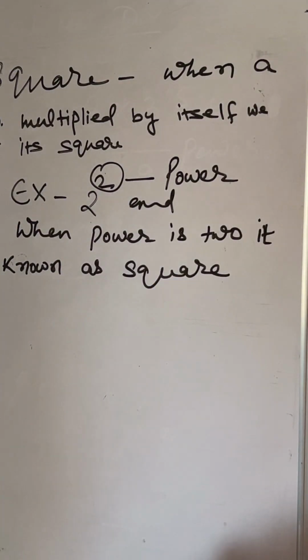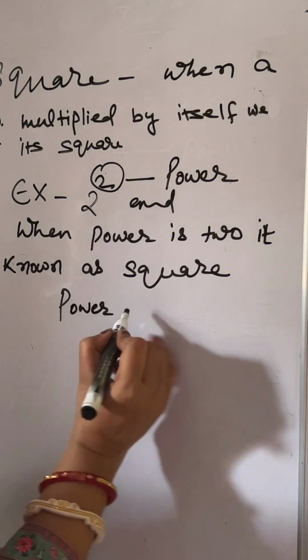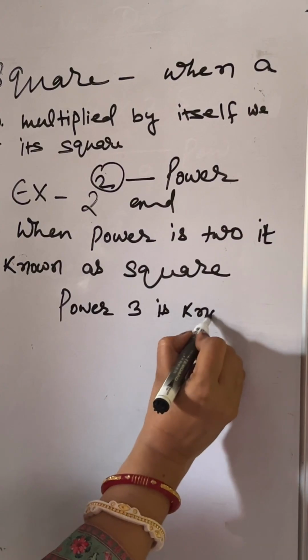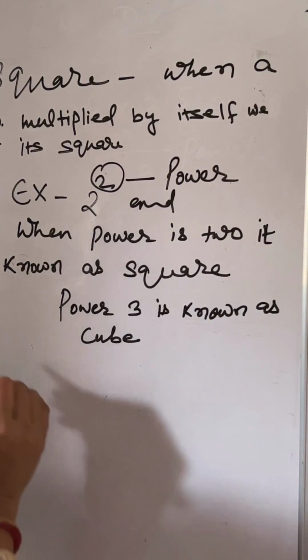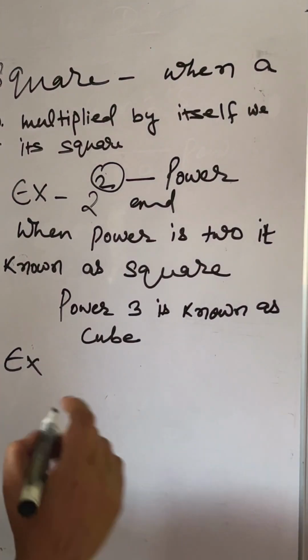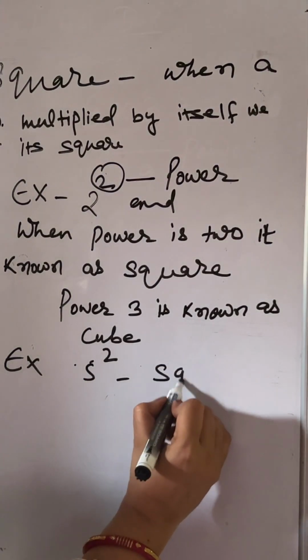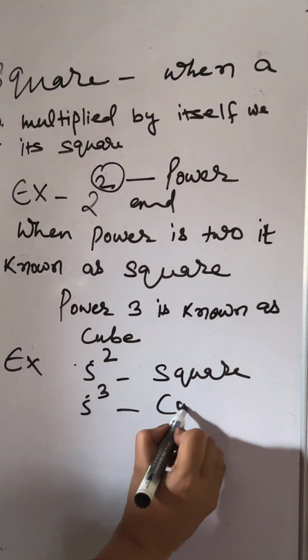Likewise, when power is 3, it is known as cube. For example, 5 power 2 is square, 5 power 3 is cube.